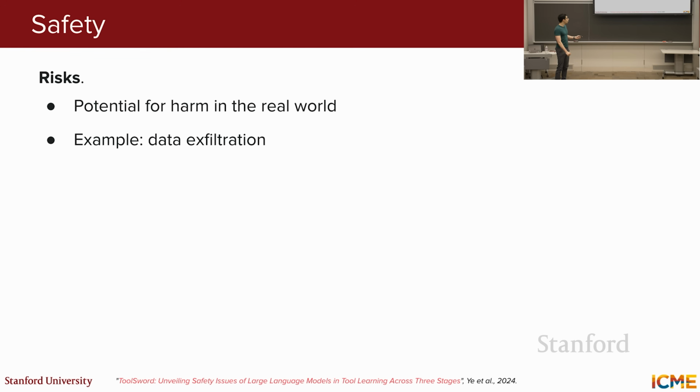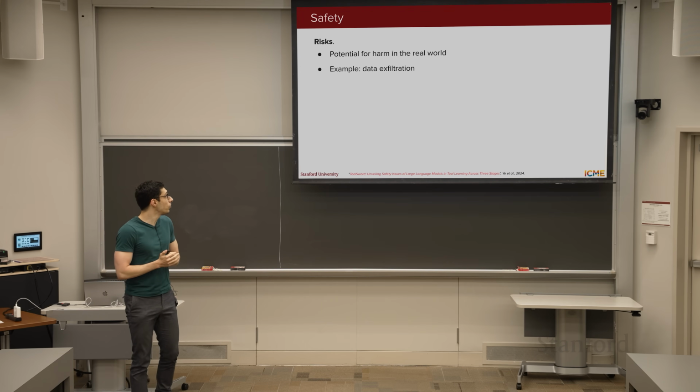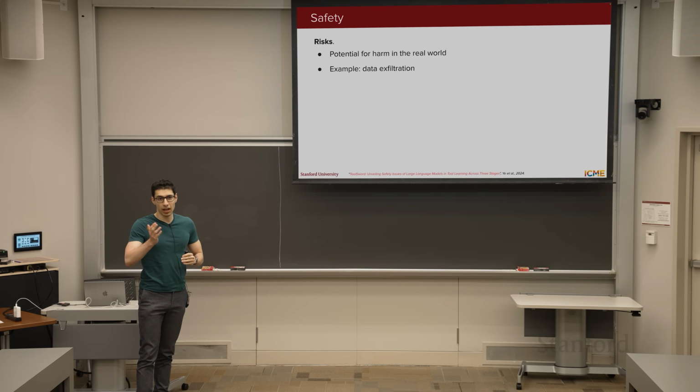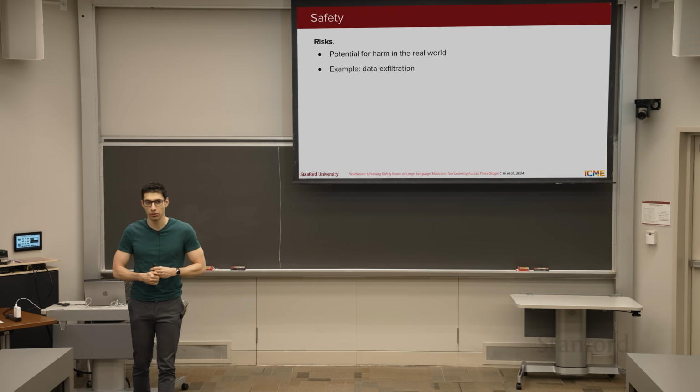Okay, so I'm going to move on to the topic of safety, which I have not mentioned so far, but that is very important, because with these new capabilities comes a whole string of new potential issues. You have seen these models now have the ability to execute actions for you.